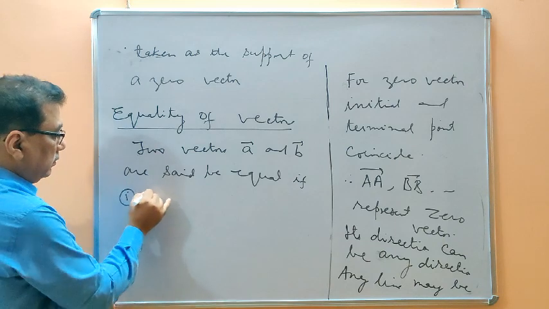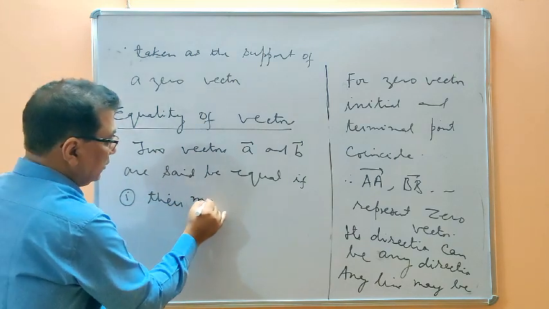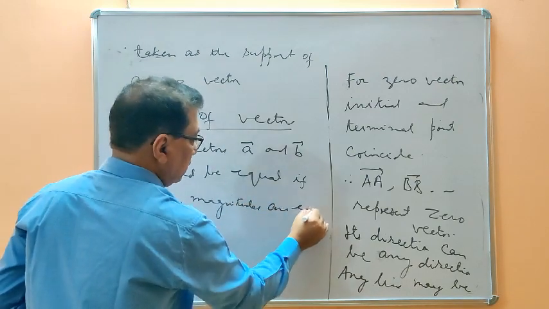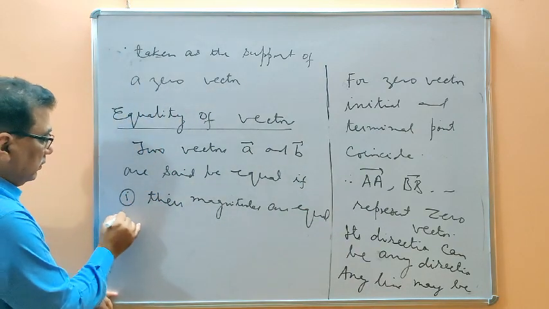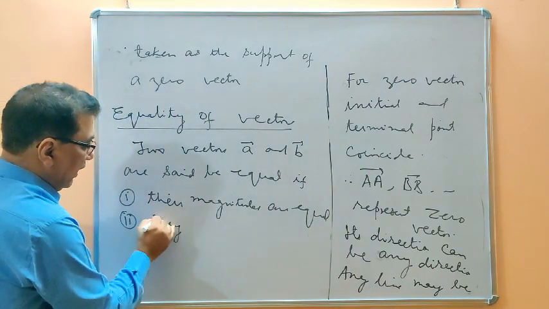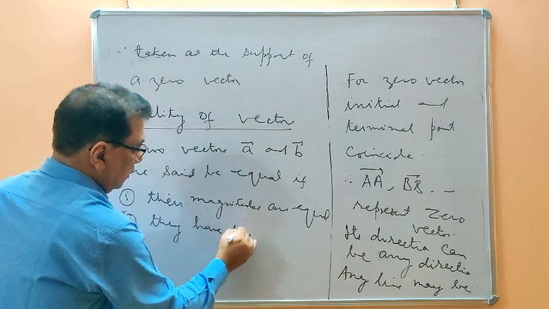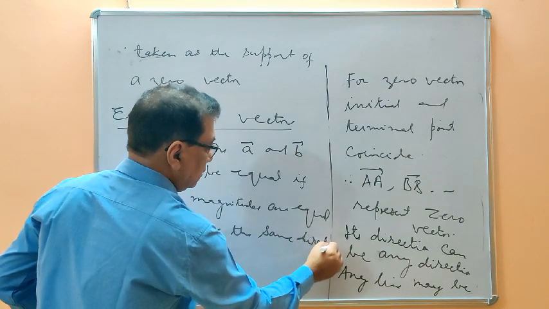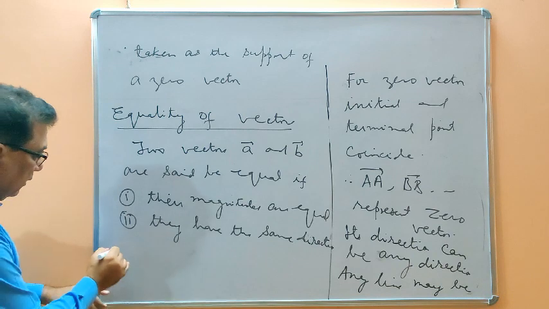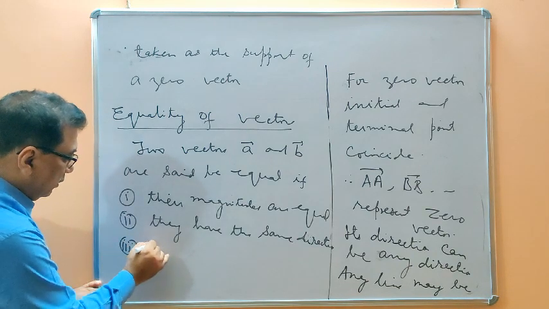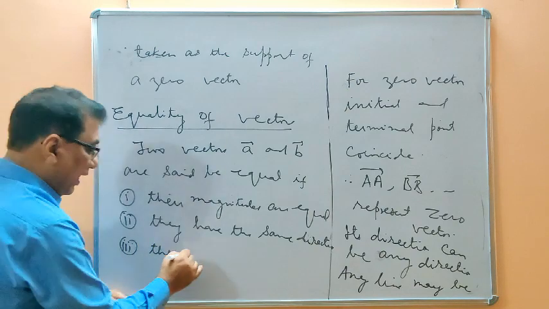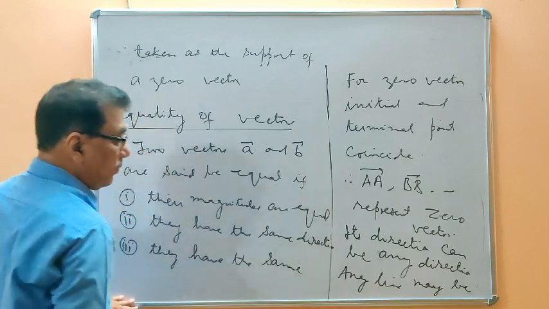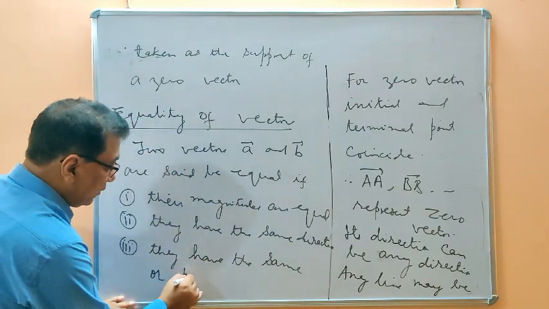first, their magnitudes are equal, second, they have the same direction, or sense, both are the same thing, and third, they have the same or parallel support.